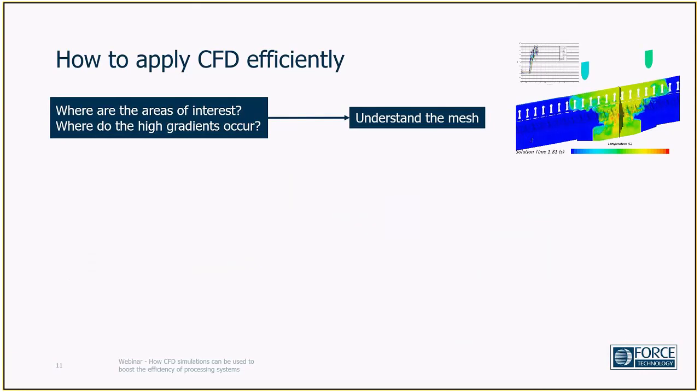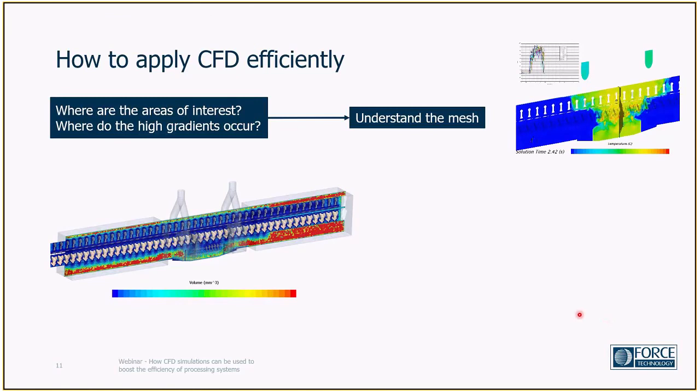And if we now look at the same picture, but this time we are showing the volume size of each cell of the mesh, where the red cells here are the biggest cells, and the blue color is the smallest cells.